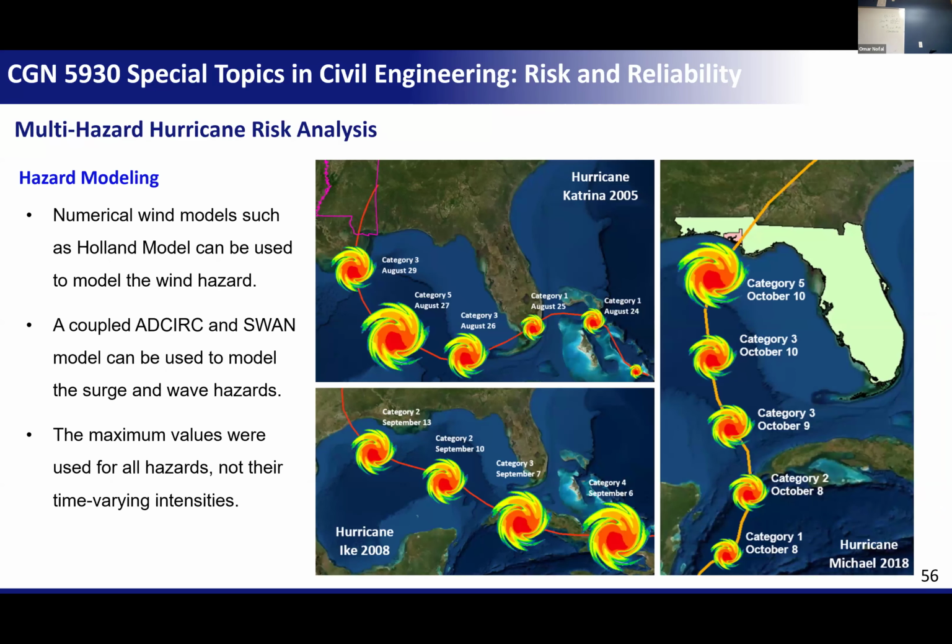So for hazard modeling, this approach was applied to many communities. I applied this approach to Waveland, Mississippi using Hurricane Katrina in 2005. It was applied to Galveston, Texas using Hurricane Ike in 2008, and also Mexico Beach, Florida using Hurricane Michael 2018.